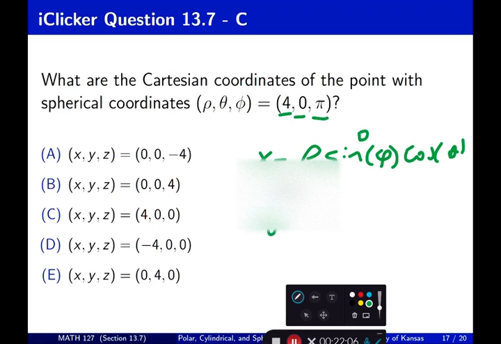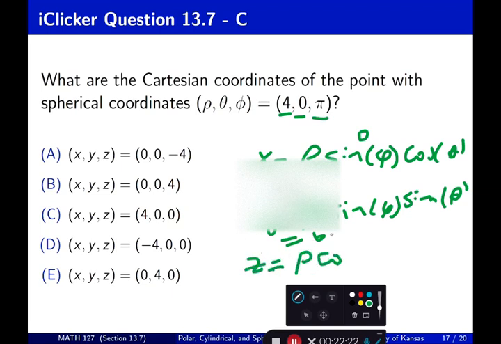Same thing, y is equal to rho sine phi sine theta, and that's going to be equal to 0. What about z? z is going to be rho times cosine of phi. Cosine of phi is negative 1. Rho is 4, so this is going to be negative 4. So A is the answer.